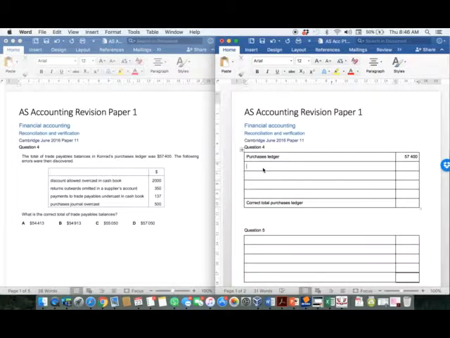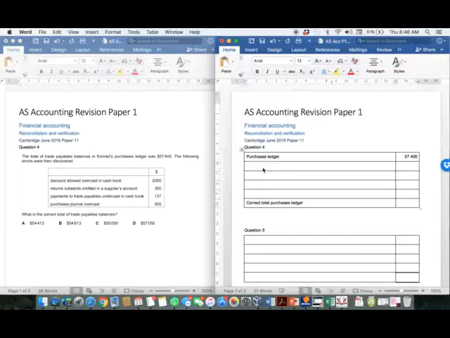Now, when you're looking at this, don't just assume that every single one will be used, because as you will see in this question, some are given to you as what I would call a red herring. In other words, something that is put there not to intentionally trick you, although you might think so, but simply to see, do you understand what you need to filter out? Are you able to identify the important information and not use the unimportant information?